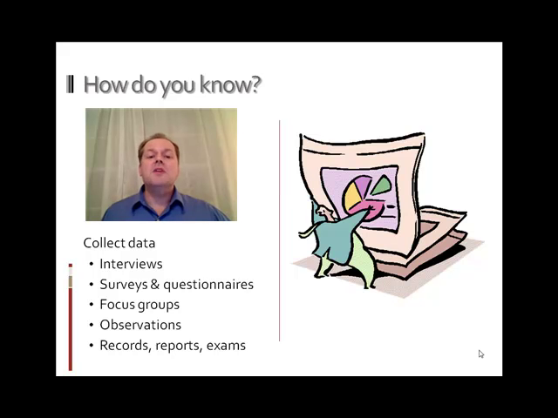You can administer surveys or questionnaires. You can form focus groups with just a few people and ask them questions. You can observe people on the job and see what they can and can't do. Or you can take some hard data from things like performance reports, employee records, or examinations or tests.